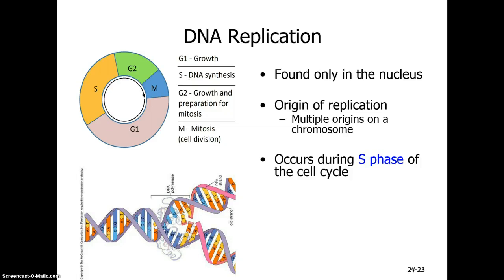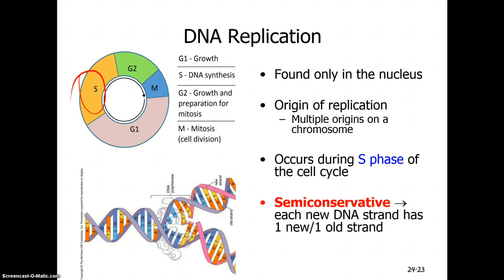Alright, DNA replication occurs during the S phase of the cell cycle. If you remember from two units ago, when we were talking about the cell cycle, we said that S stands for synthesis. That is where DNA is being synthesized or replicated.